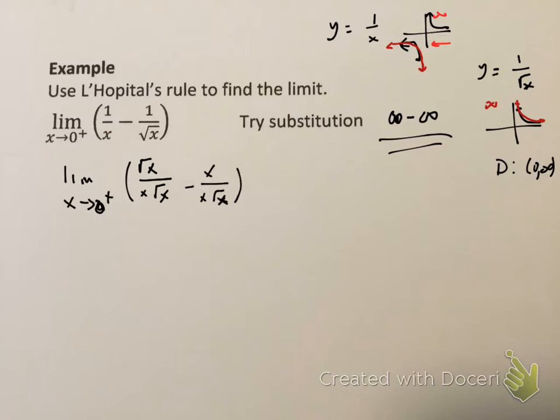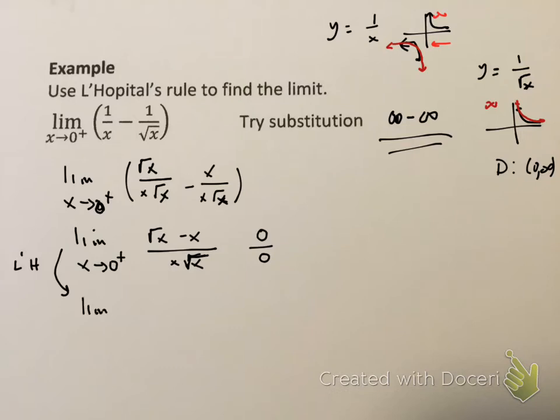And so when you add these together, you're going to have the limit as x approaches 0 from the right of the square root of x minus x, over x times the square root of x. What's happening is you have a 0 over 0, and you can apply L'Hopital's rule.